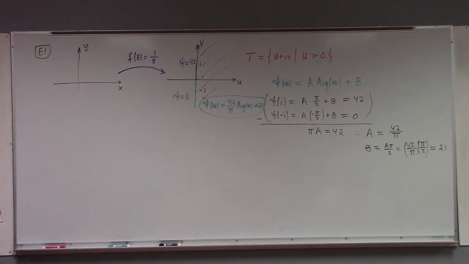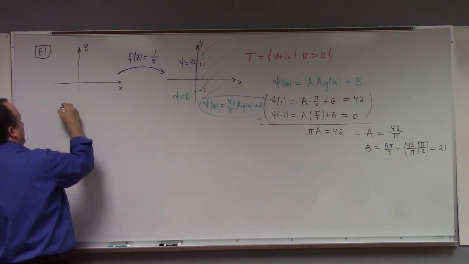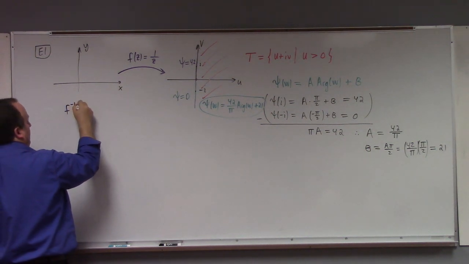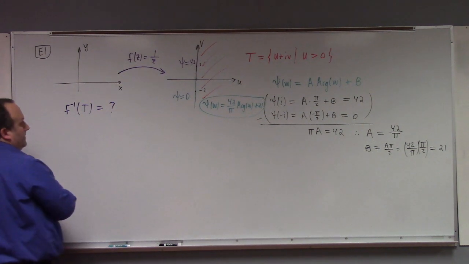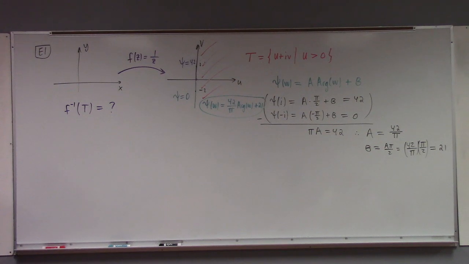My question is, what is the inverse image of t? Which points in the z-plane mapped to that positive half plane if we use the reciprocal map? What is f inverse?